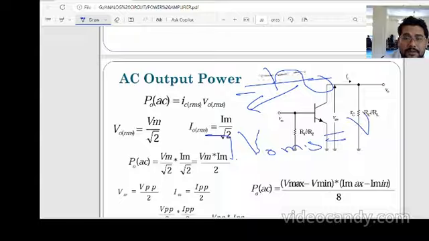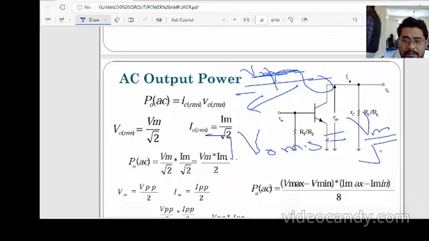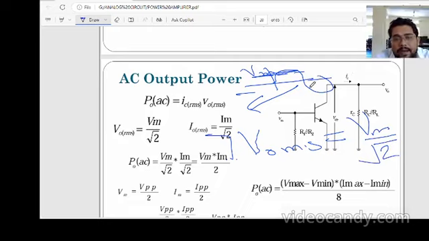Suppose this is the maximum point, VM. So VRMS equals VM divided by root 2. Similarly, we can calculate the current: the maximum current IM divided by root 2.